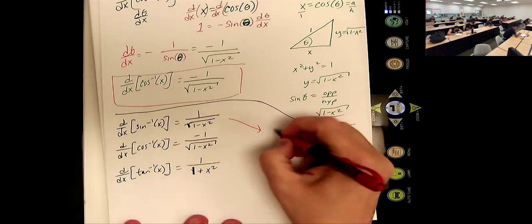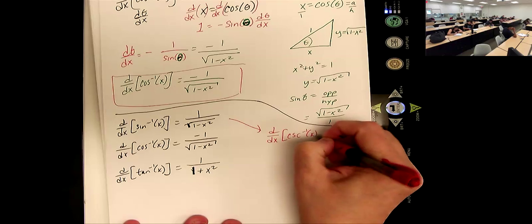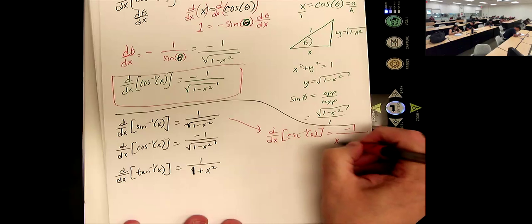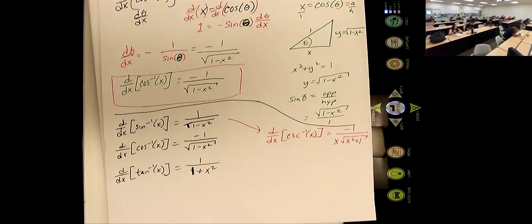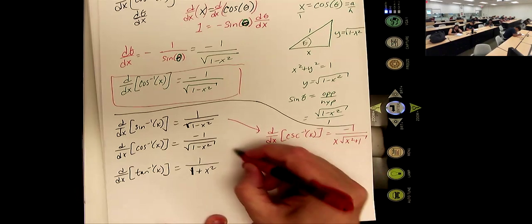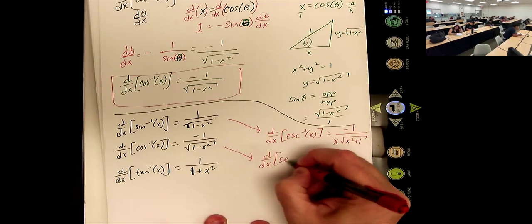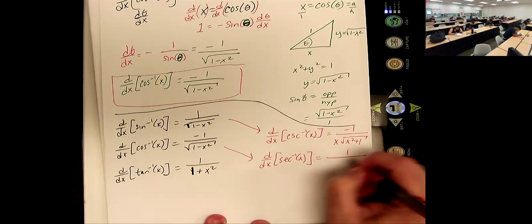And if we look at their reciprocal functions, the derivative of cosecant. This is where you're like, yeah, memorizing it is not fun. The derivative of secant is the positive version of cosecant.